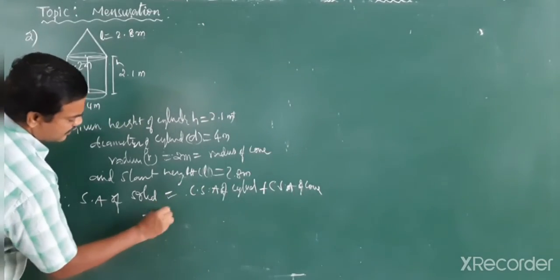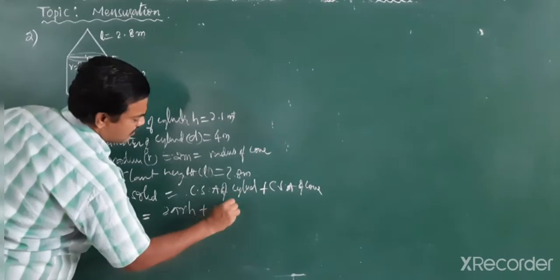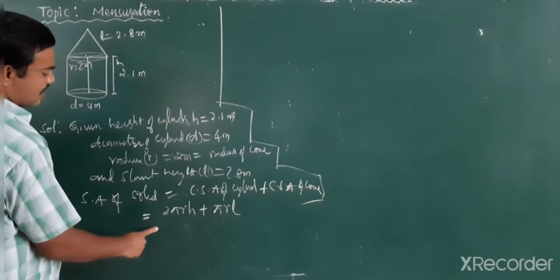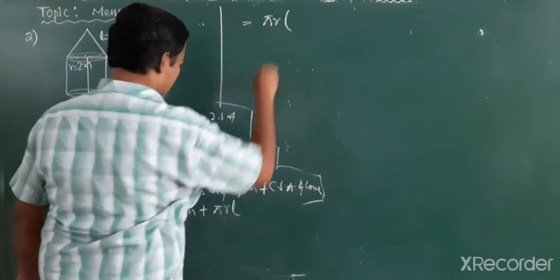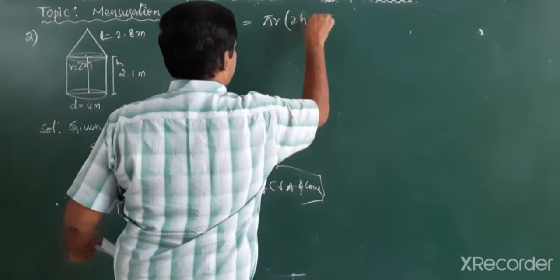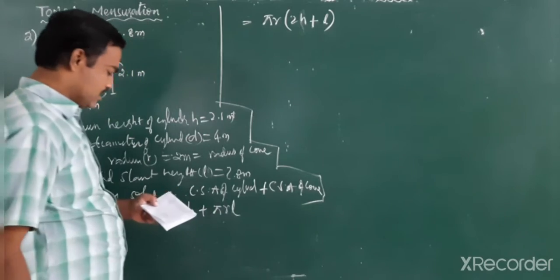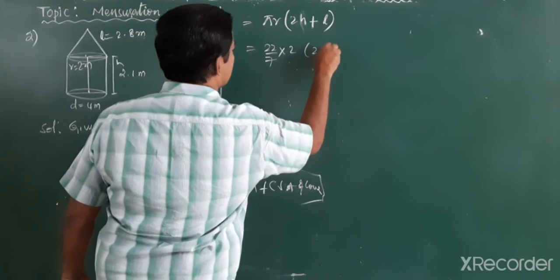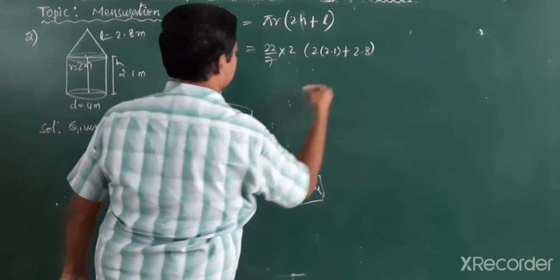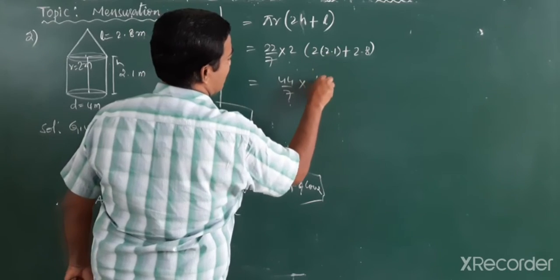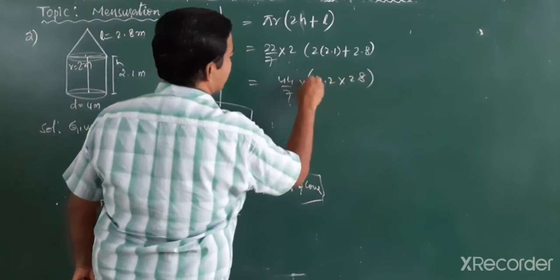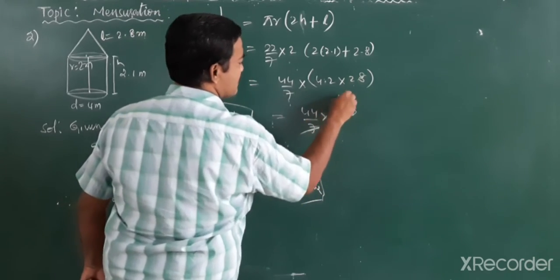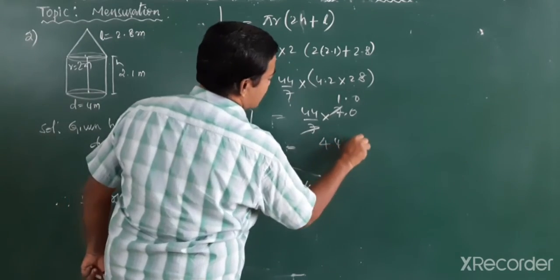CSA of cylinder is 2 pi r h plus pi r L for the cone. Now R is common, so taking pi r common, we get 2h plus L. Now pi is 22 by 7, r is 2, h is 2.1 plus L is 2.8. So 44 by 7 into 4.2 plus 2.8 is equal to 44 by 7 into 7.0, which is 44 meters square.